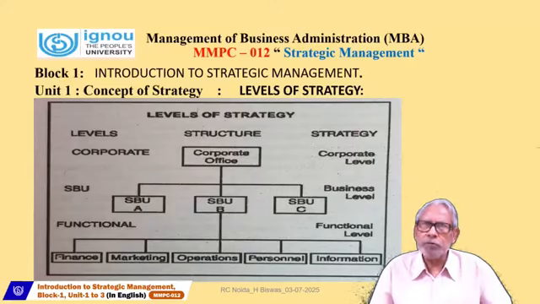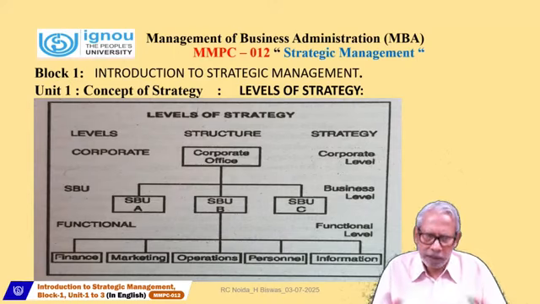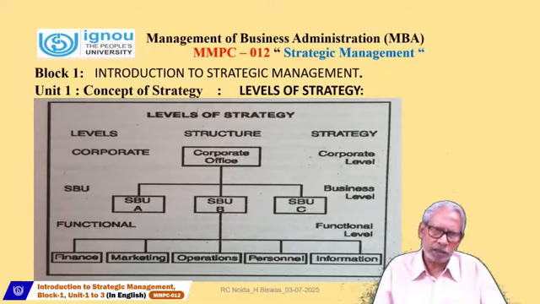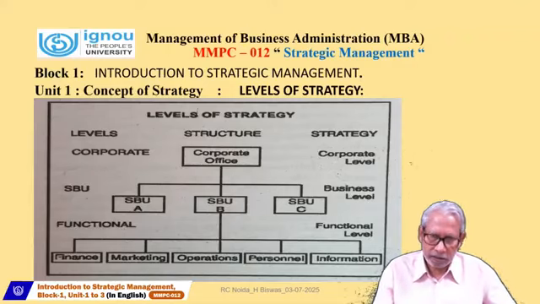Then SBU has different branch units, like plants A, B, C. Functional is basically finance, marketing, operations, personnel, information. Every unit should have such functional departments or units. At all levels, different strategies should be there.